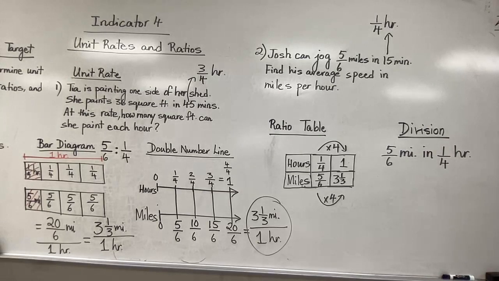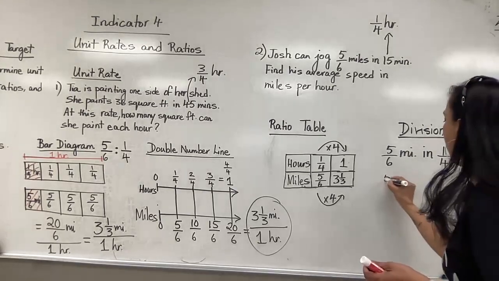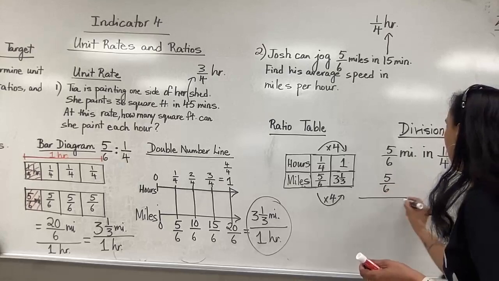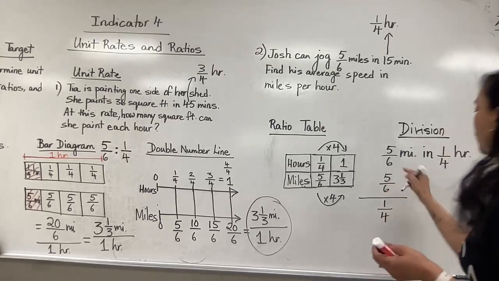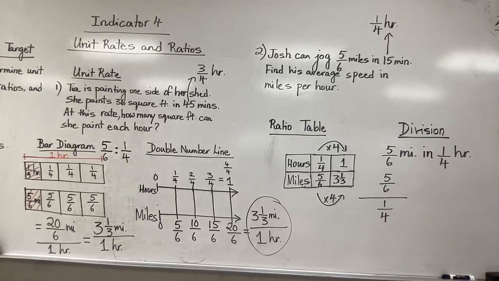Okay, so I am going to divide 5/6 by 1/4. So look, this is a complex fraction again, because we have a fraction in the numerator and the denominator. The fraction line means division. So this is 5/6 divided by 1/4.